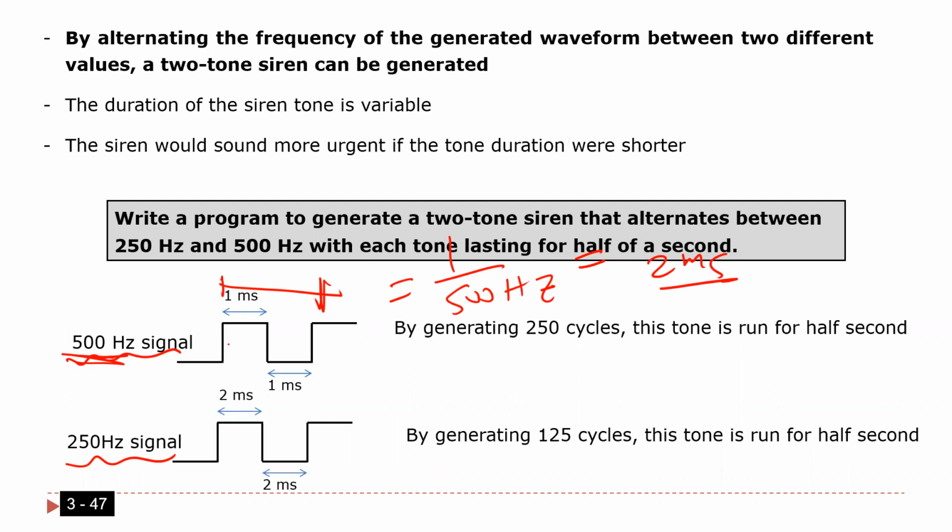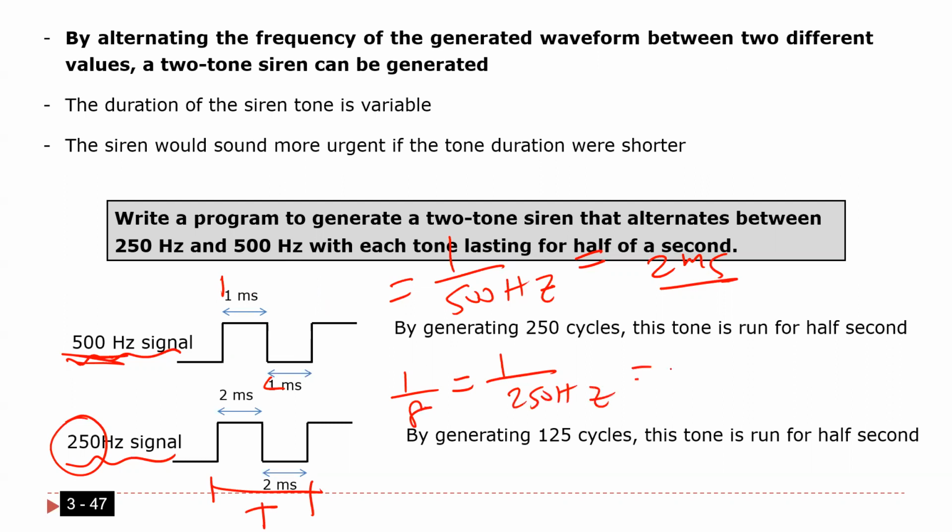That means the delay here has to be 1 millisecond, and the delay here also has to be 1 millisecond. Same thing here: if I want to generate 250 hertz, the time from here to here should equal 1/f, equal 1/250 hertz, which equals 4 milliseconds. That means the delay here has to be 2 milliseconds, and the delay here has to be 2 milliseconds.